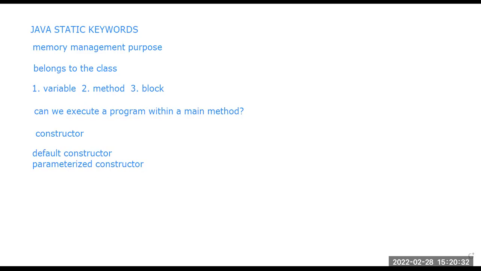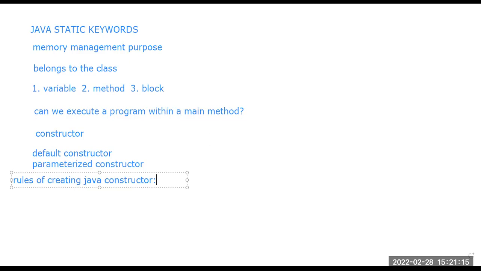So what are the rules for creating a Java constructor? As I said, there may be default or parameterized. So what are the rules of creating a Java constructor? If we are trying to create a constructor, the name of the constructor must be the same as the class name.